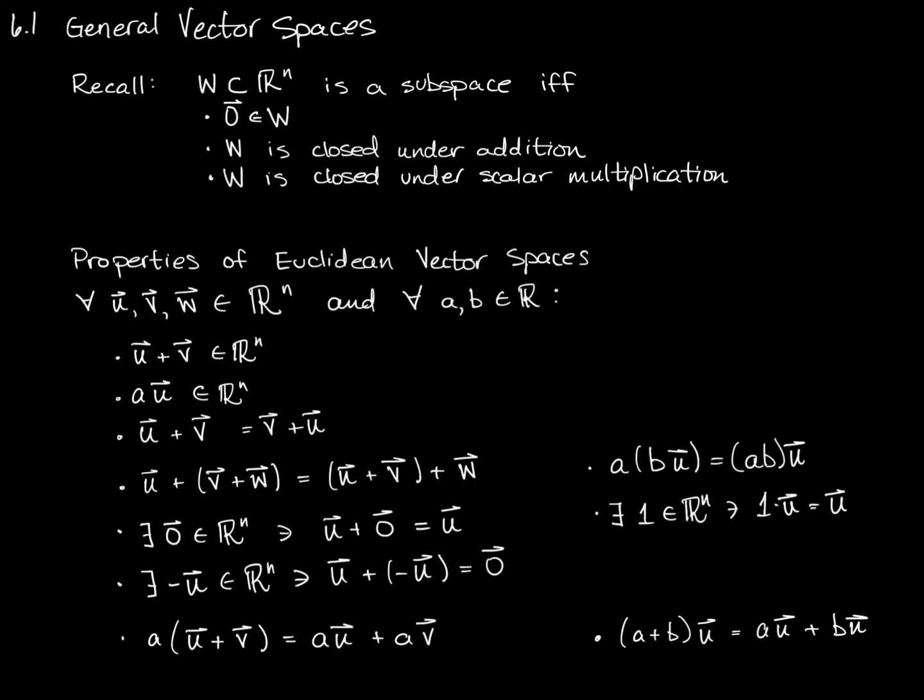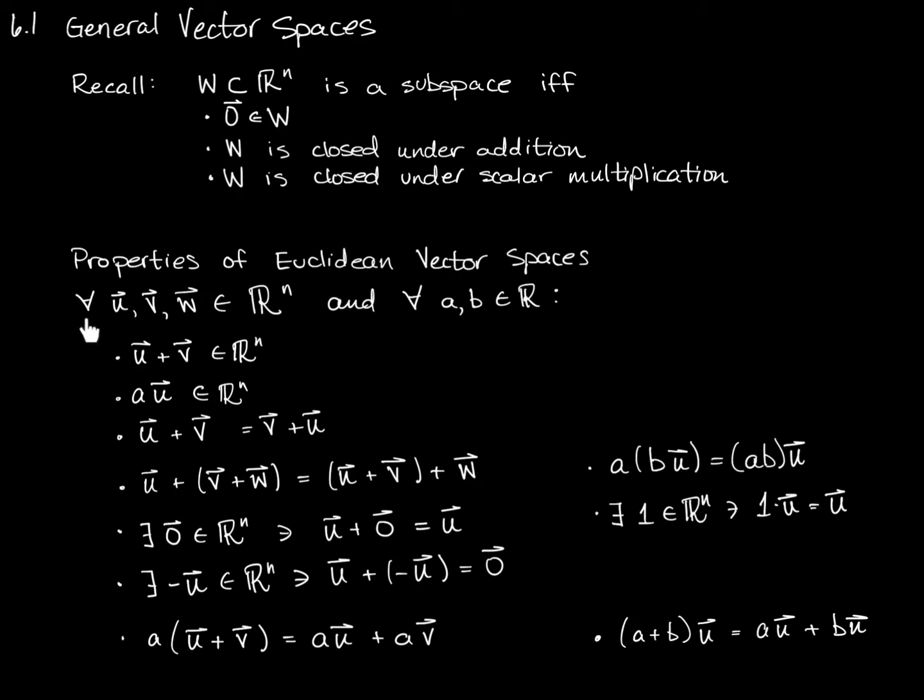Okay, now that we've reviewed that, let's take a quick look back at some of the properties of vector spaces. I've got Euclidean vector spaces highlighted here because that is where we're coming from. In chapter 5, we looked just at vector spaces where the vectors are made up just of real numbers. So again, as review, the properties of a vector space are as follows. This notation is just shorthand, but I'll go over it again quickly with you.